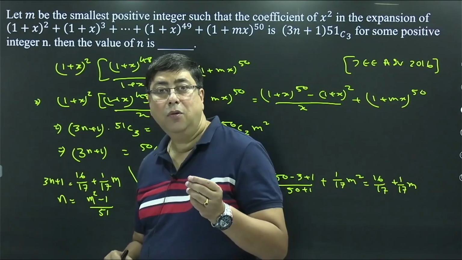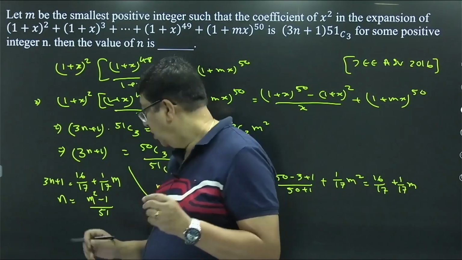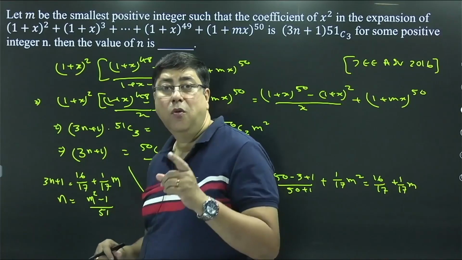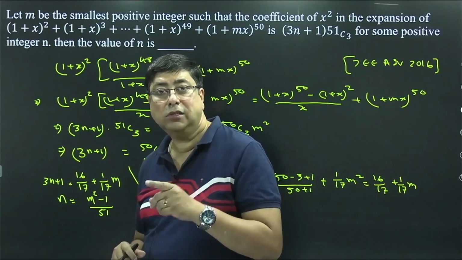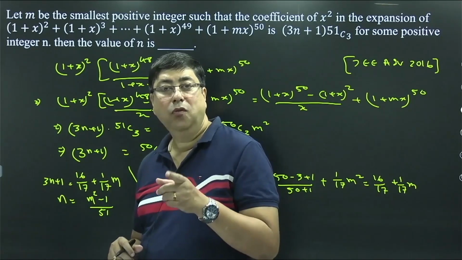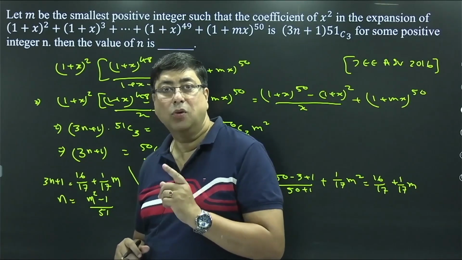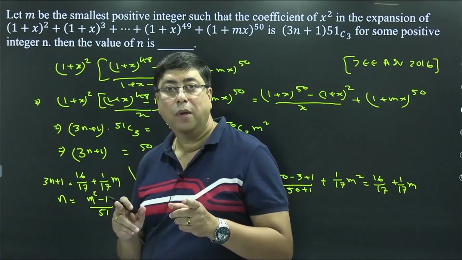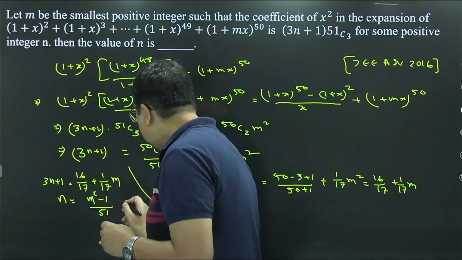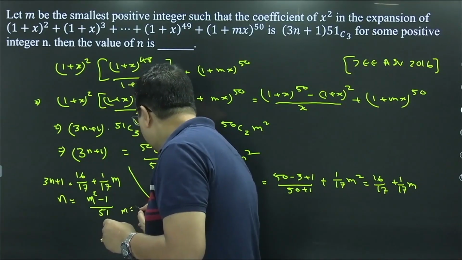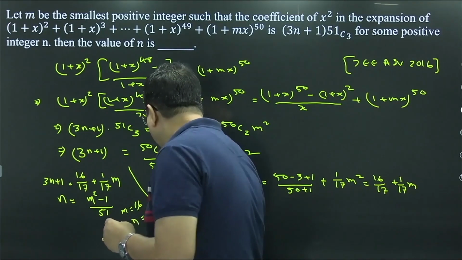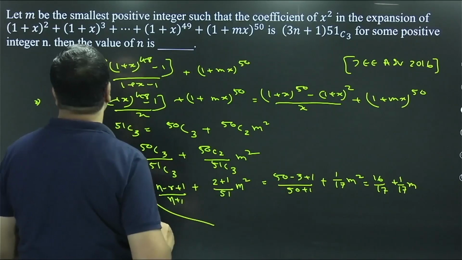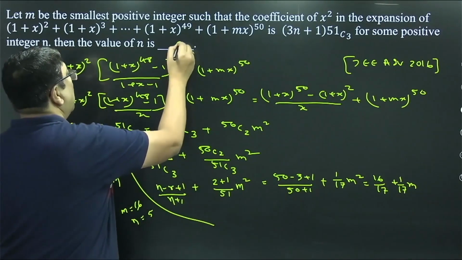If we put m equal to 5, m equal to 6, it is not getting cancelled because we have to get a multiple of 51 in the numerator. So if we take m equal to 16, 16 square is 256, 256 minus 1 is 255. So 255 by 51. So for m equal to 16, n equal to 5. And therefore, in this case the value of n is 5.